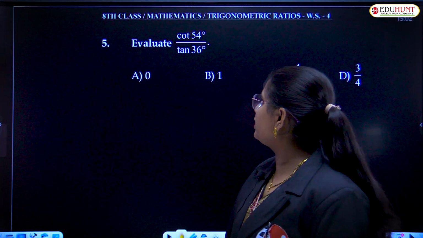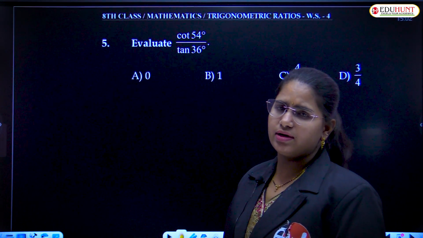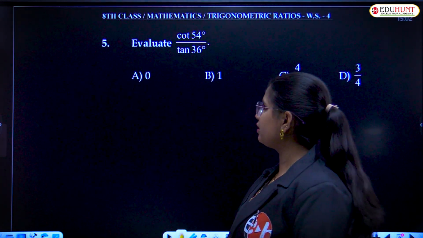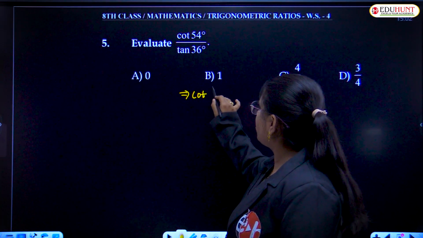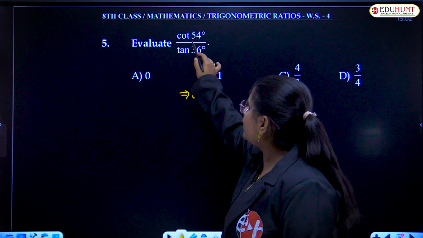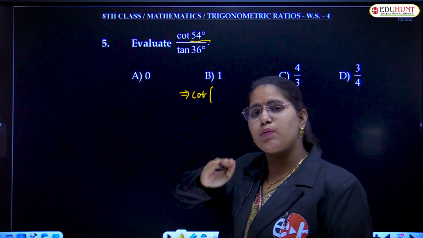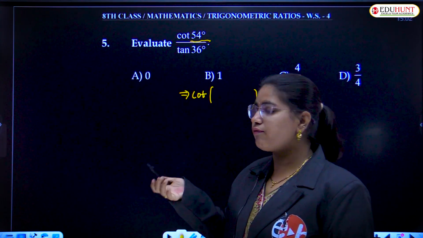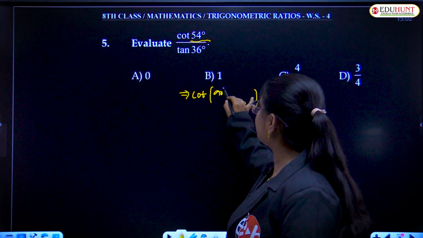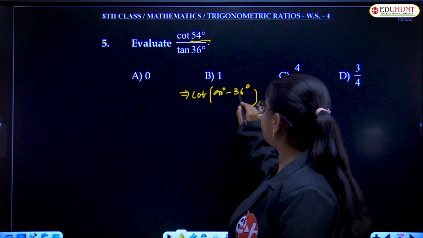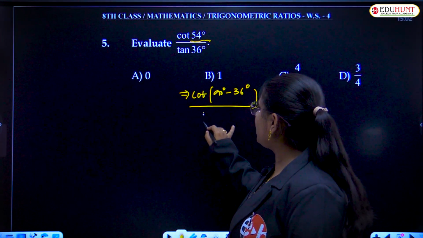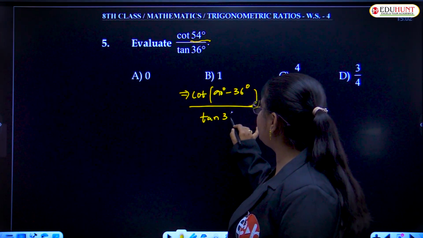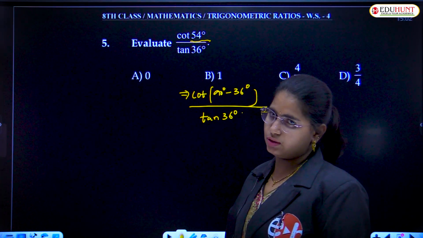Evaluate cot 54 degree by tan 36 degree. How can you express 54 with the help of allied angles? Of course, it is 90 minus 36 degree. The denominator I will write as it is without changing it.